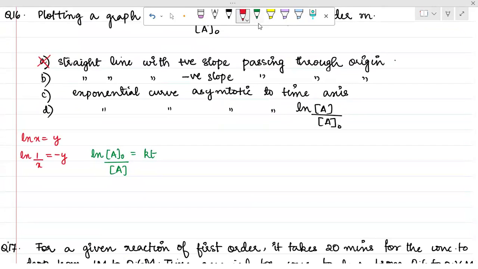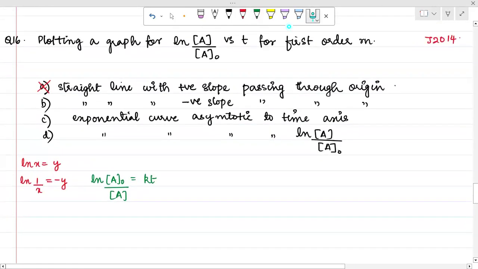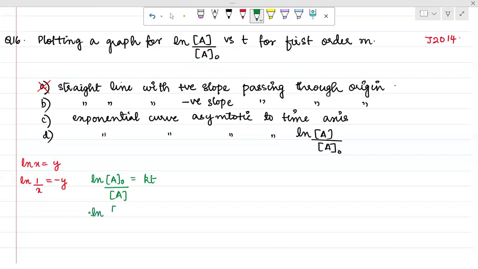General mathematics. So if I do the same, because in the question they have asked A by A naught, let's take the reciprocal. We get ln of A by A naught, I have taken the reciprocal, so here we'll get minus kt.